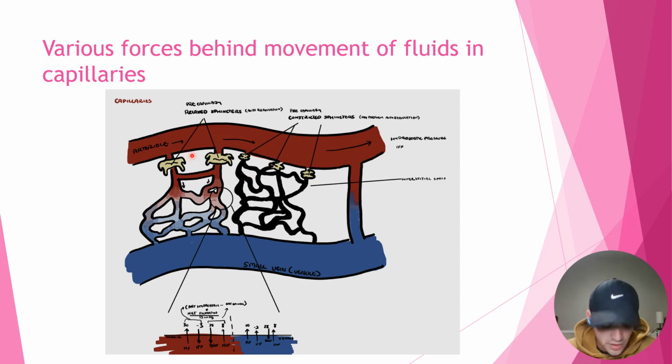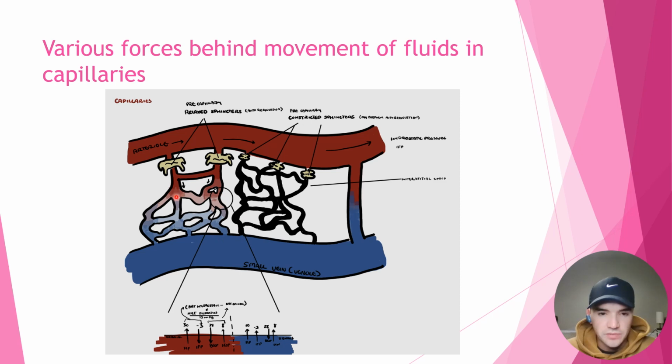One is a precapillary area where it has relaxed sphincters, which allow blood from the arteriole to enter and pick up waste products from the interstitial space. Oxygen will go out here and interchange with waste products and then go back into the veins.